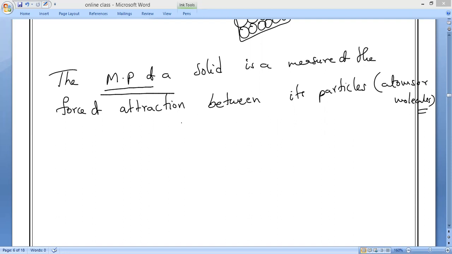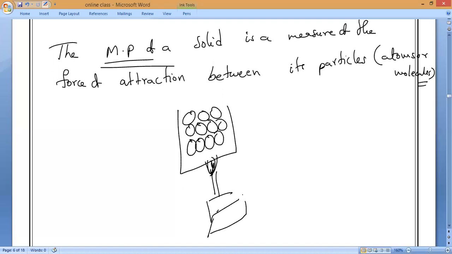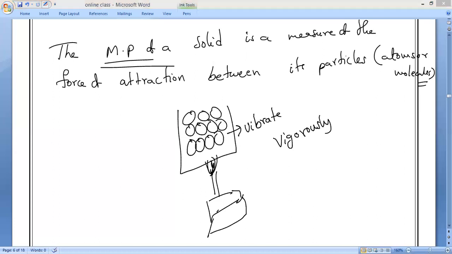As we keep on heating, observe very carefully. The solid particles start to vibrate, and vigorously means much faster and randomly.